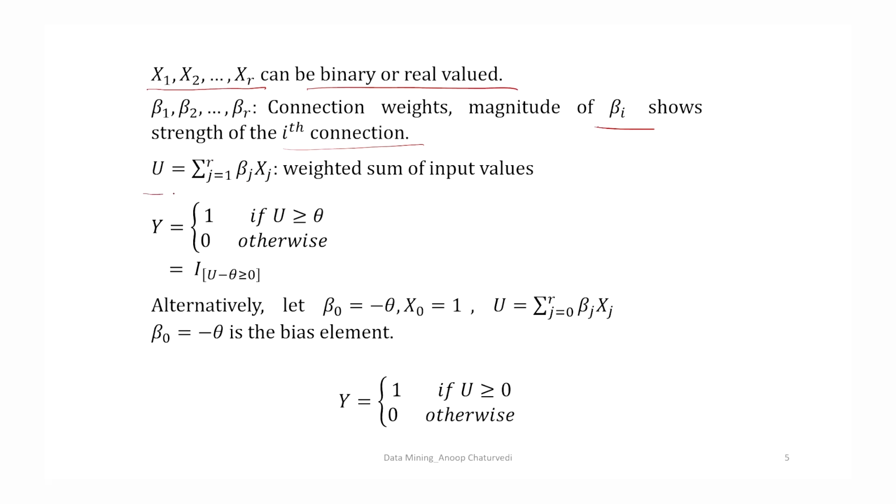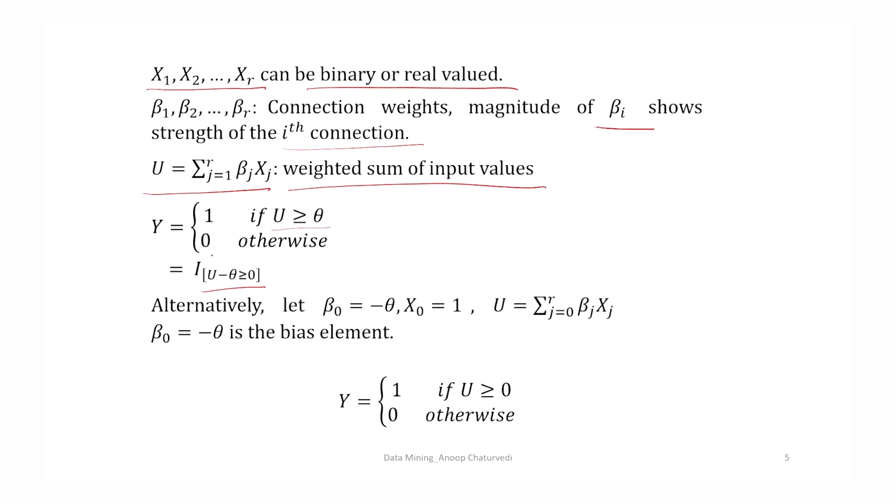So, u is actually the weighted sum of input variables. The weights are these beta_j's. Then suppose y takes value 1 if u is greater than or equal to theta, where theta is some threshold value, and y takes value 0 otherwise. Then you can write y as the indicator function I(u - theta >= 0).